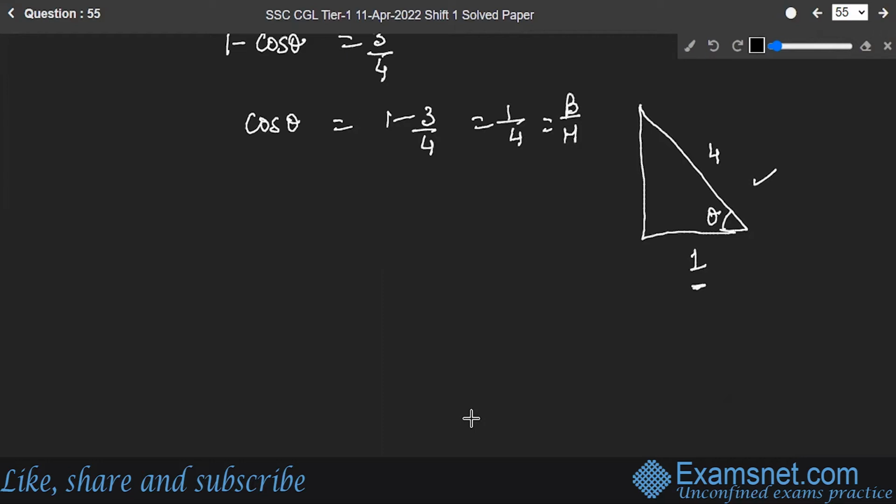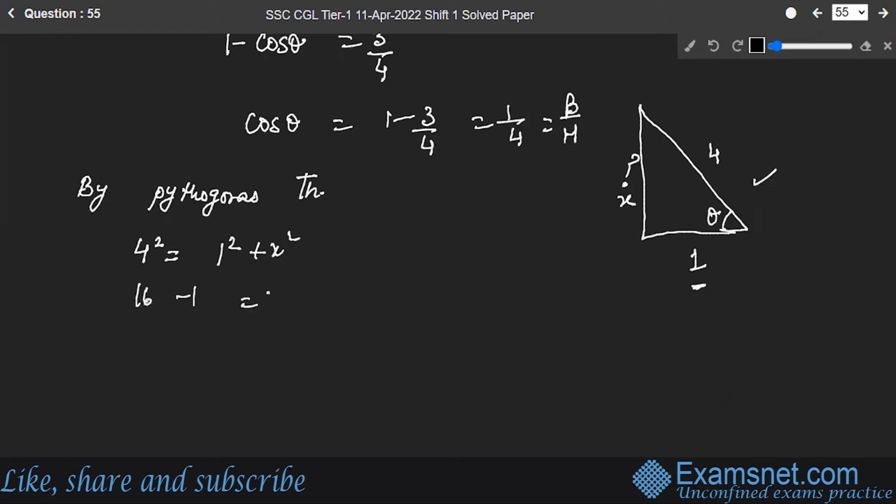The height in this case, using the Pythagoras theorem: 4 square is equal to 1 square plus x square. This will give you 16 minus 1 is equal to x square, or root 15 is equal to x. So you got your value for x, that is equal to under root 15.